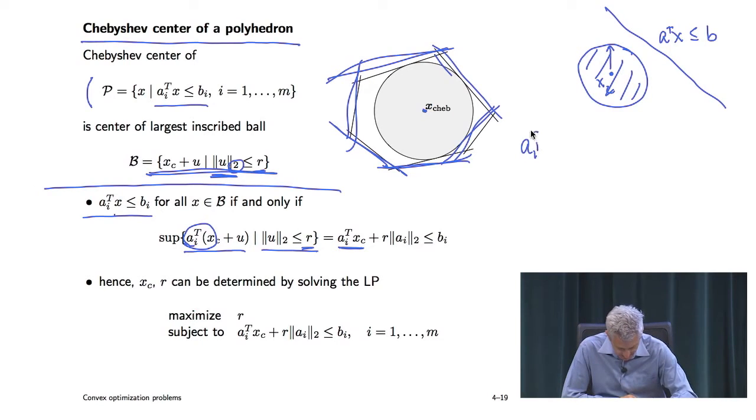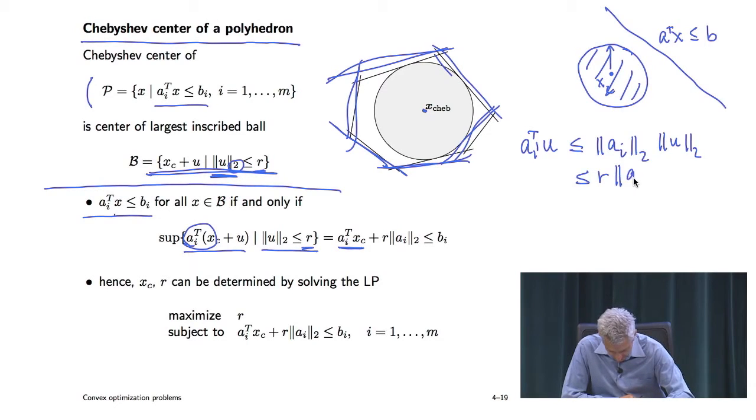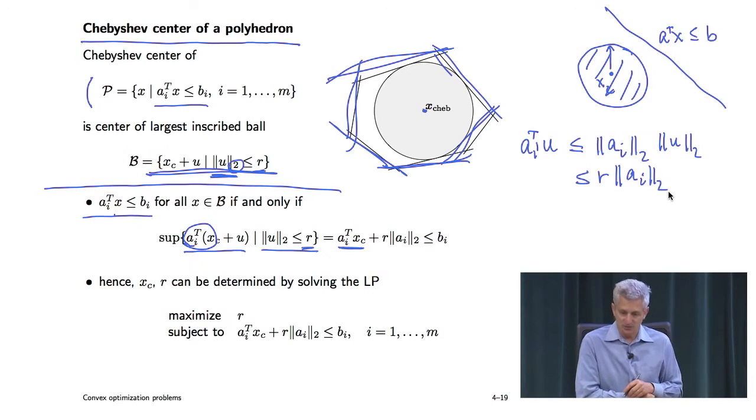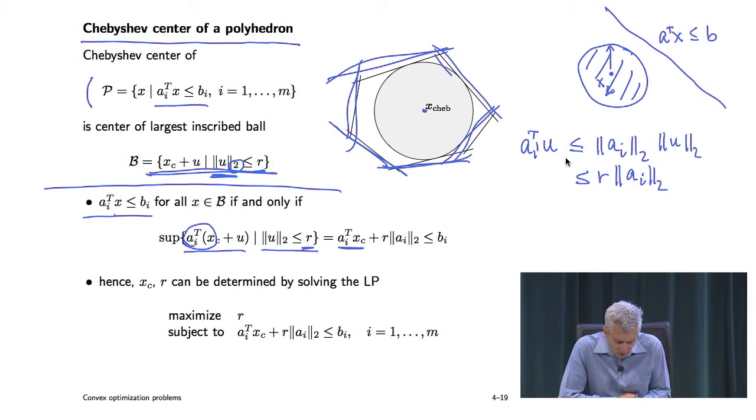It says that a_i transpose u is less than or equal to norm a_i times norm u, but that is less than or equal to R times norm a_i 2. That's the Cauchy-Schwarz inequality, okay? However, there's the converse to the Cauchy-Schwarz inequality. The converse says, when do you get equality here? And the answer is, oh, that's easy. It's when u is aligned with a_i.